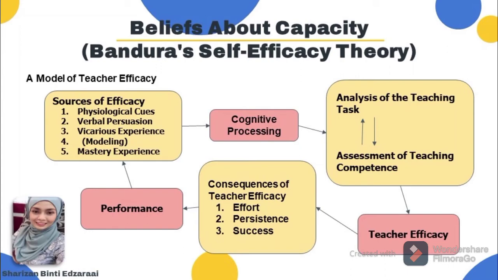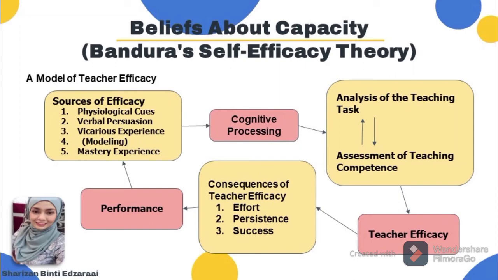Meanwhile, in assessing self-perception of teaching competence, the teacher judges personal capabilities such as skill, knowledge, strategy or personality traits, balanced against personal weaknesses or liabilities in this particular teaching context. These two components lead to a judgment about self-efficacy for the teaching task at hand.